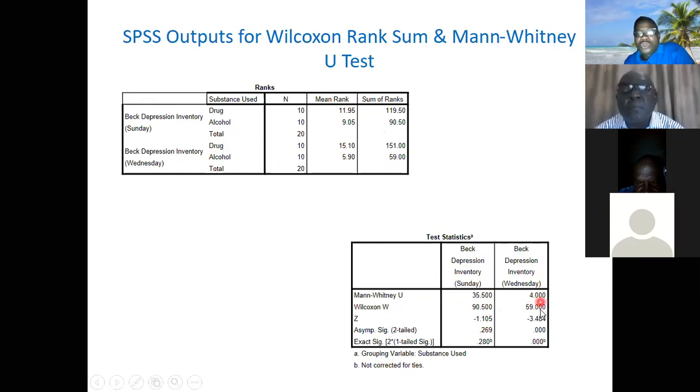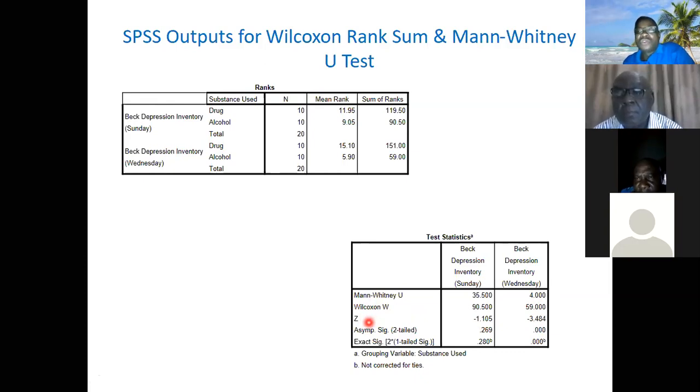So you can see that for Wednesday, the difference in depression between the people that use drug and the people that use alcohol is significant. Look at P. This Z is just a formula. If the sample size becomes big, you can transform this Wilcoxon to a Z distribution.